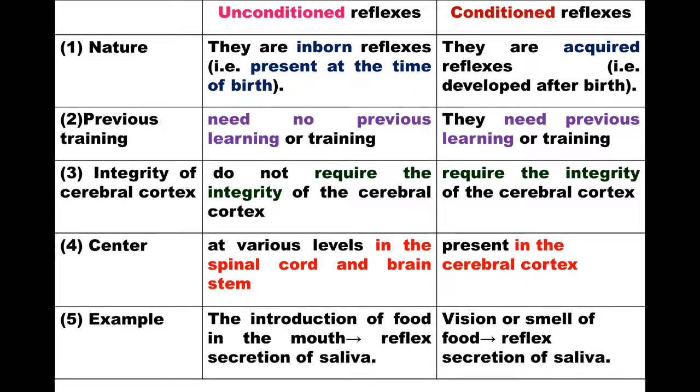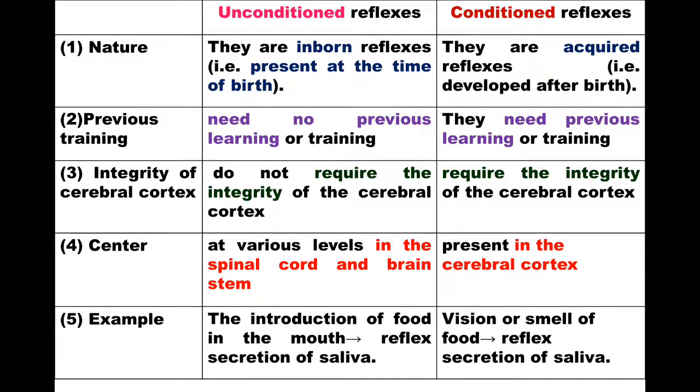The integrity of the cerebral cortex: the unconditioned reflexes don't require it, while the conditioned require it. What about the center? The unconditioned reflexes have their centers at various levels of the spinal cord and brainstem, while the conditioned reflexes have their centers in the cerebral cortex.